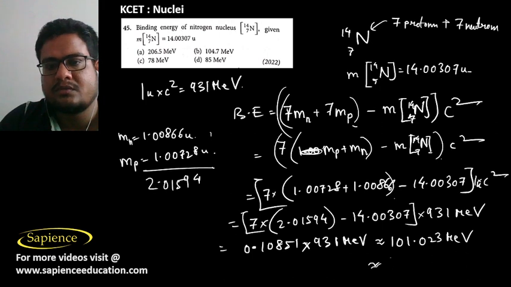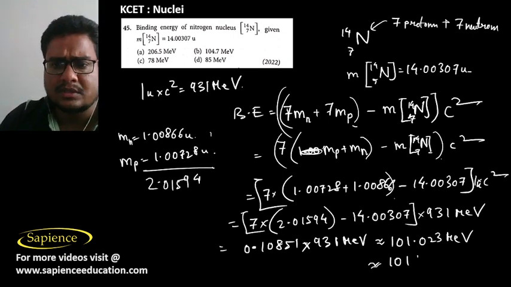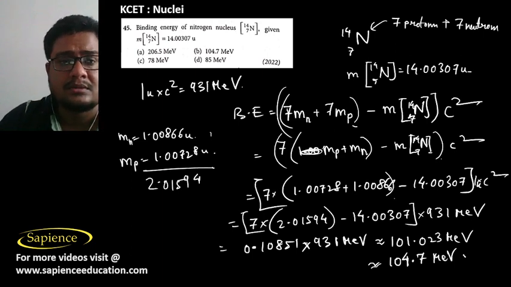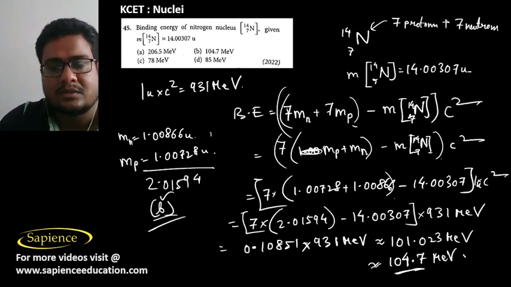So option B is the closest, so option B is the correct answer since it is closest to 101.